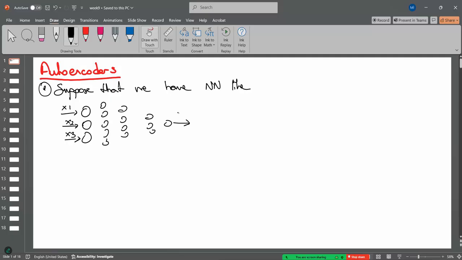At the end of this we output Y. Okay, this is the basic neural network structure, and so we can build here an X vector to Y, like this one.